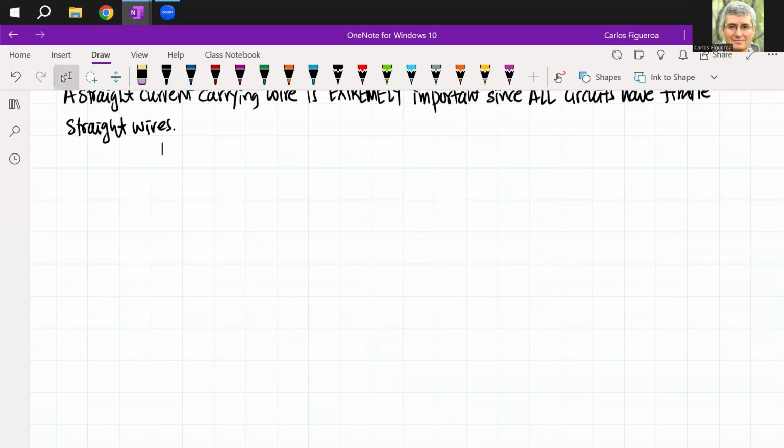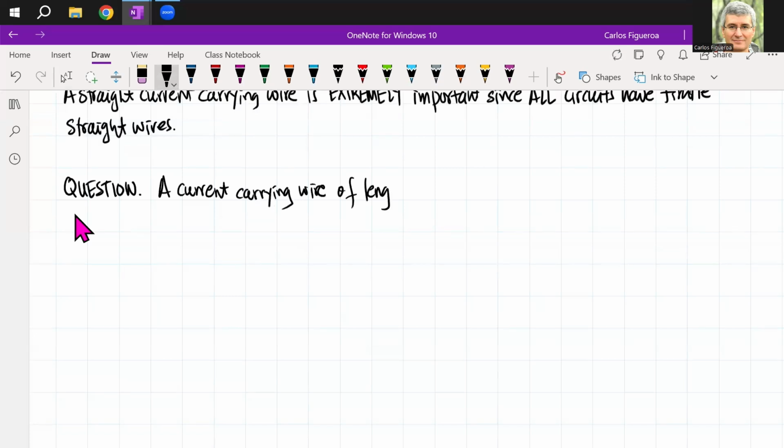As our question, it goes something like this. A current carrying wire of length 2L carries current I, and we know that this has to be a constant.